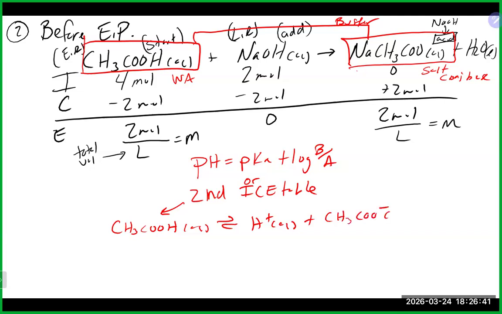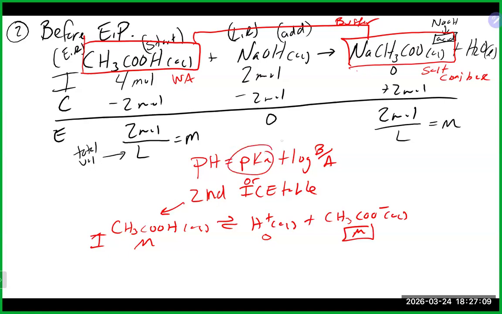The key, if you choose an ICE table and not Henderson-Hasselbalch, like we talked about when we were doing buffers, is that you should have a molarity here, and you definitely need a molarity there. Otherwise, you're not doing a buffer, you're just doing the weak acid. So probably Henderson-Hasselbalch has a little less room for error, but you can still roll with the ICE table like we talked about with buffers.